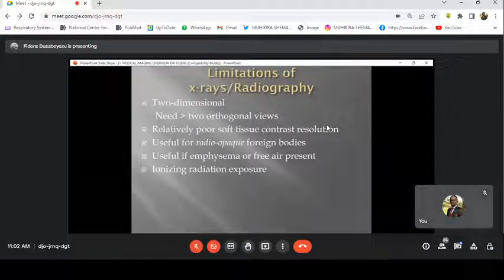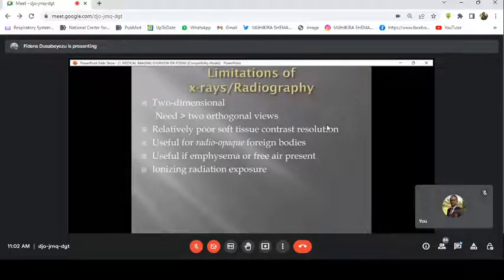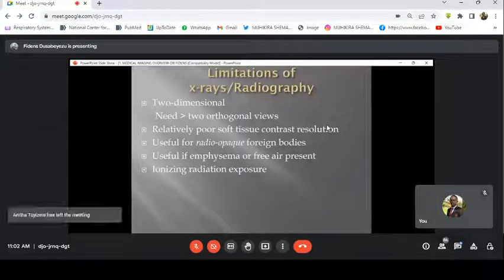There are some stones that are not radio opaque. Did you know that there are some stones, like other structures, that are not radio opaque? When we do conventional X-ray, you can't see it at all. But when you do ultrasound, you do CT scan, you can still see something.